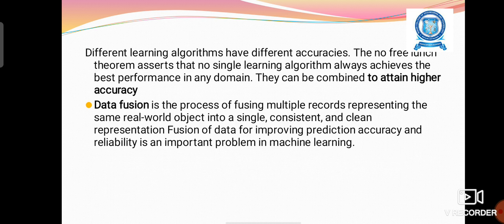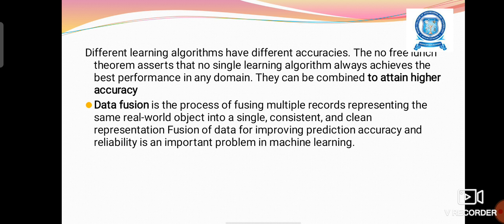So different learning algorithms have different accuracies. The no free lunch theorem tells us that no single learning algorithm always achieves the best performance in any domain. So they can be combined. Different algorithms can be combined to attain a higher accuracy level.